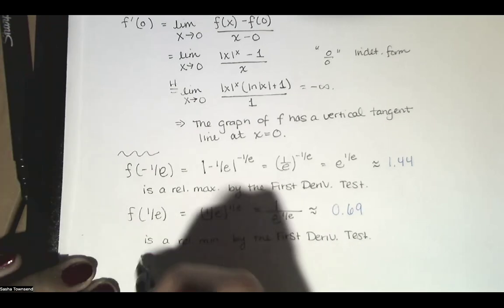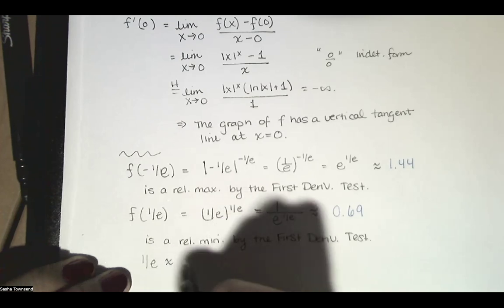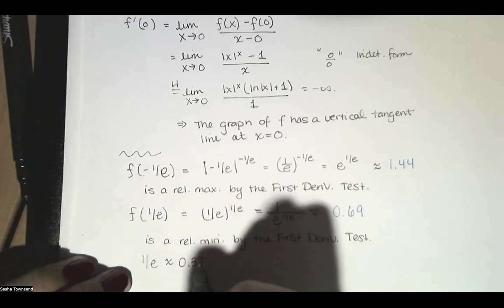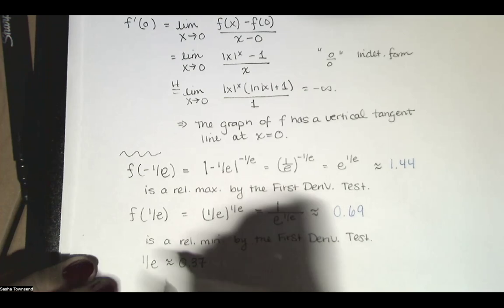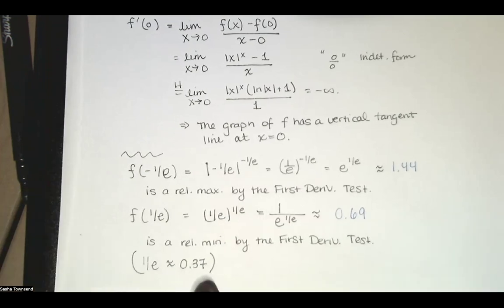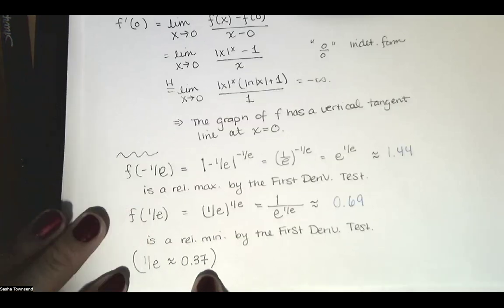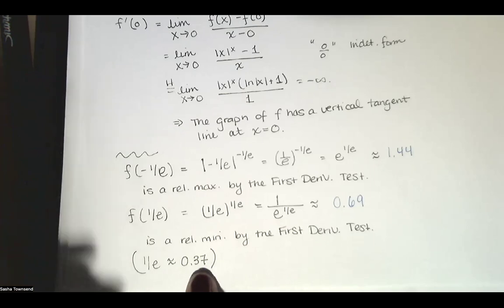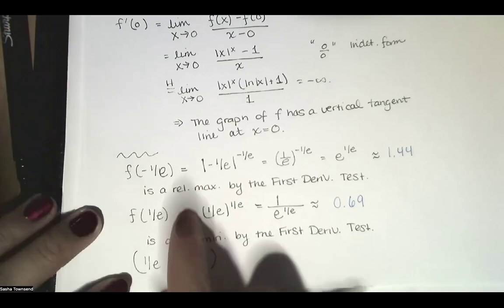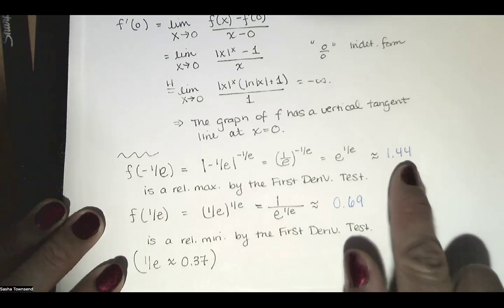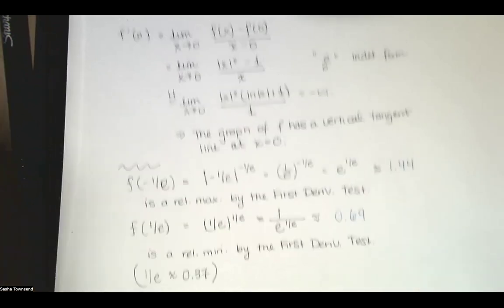Yes, that 1 divided by e is approximately 0.37 if I round to that second decimal place. So we know that at about x equals positive 0.37 and x equals negative 0.37, the corresponding y values are 1.44 and 0.69. So let's graph those points.